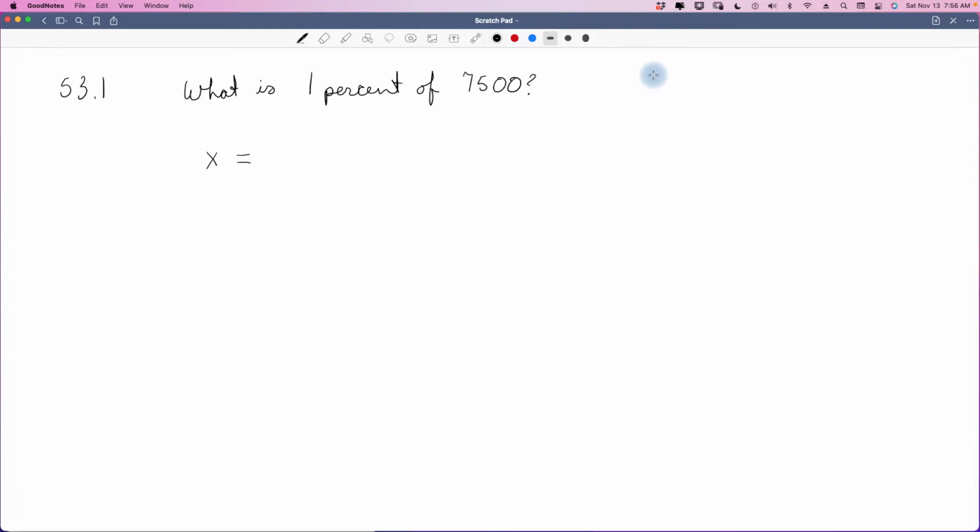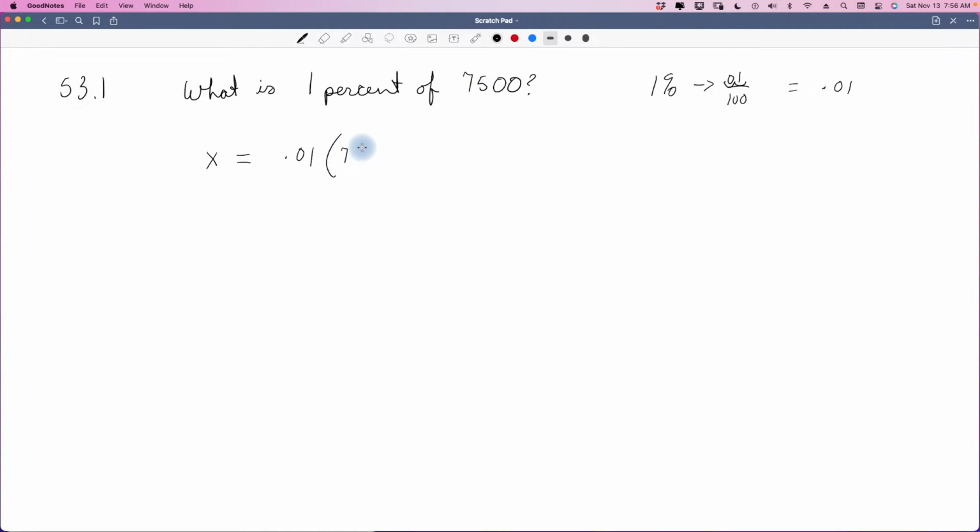We had 1%, we turn that into a fraction, so that's 1 over 100. We move the decimal place 2 times, that's 0.01. So we put our decimal in, 0.01, and then we know that of means multiplication, so we're going to multiply times this number here.